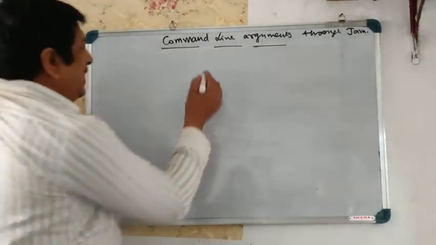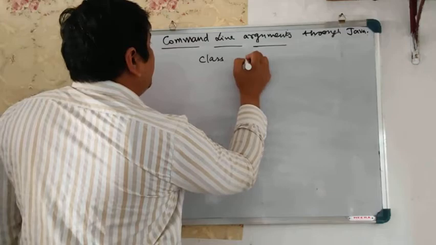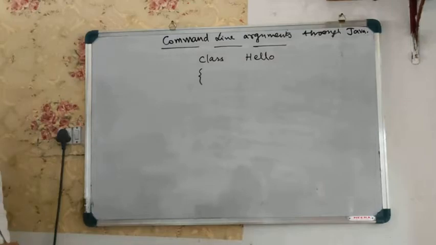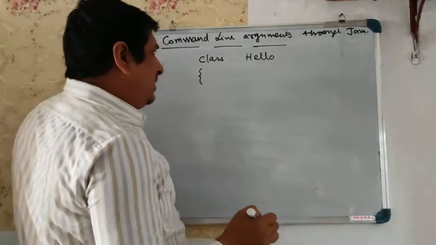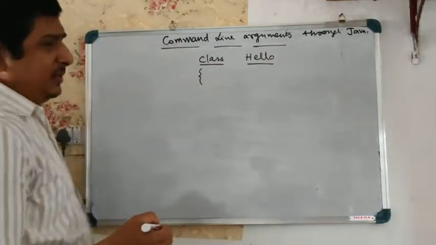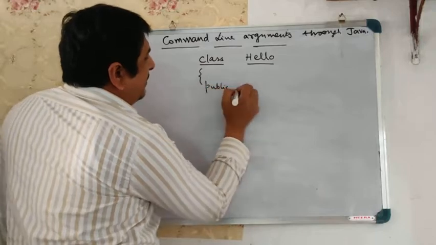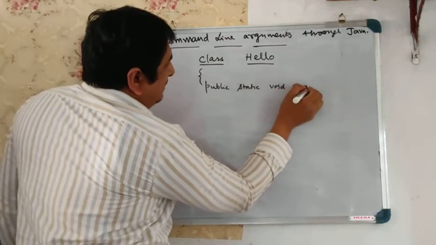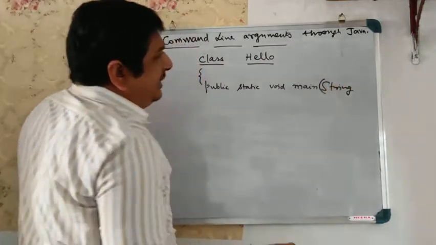In Java, as I said, we write our program in a single class, or rather you cannot write a program without any class. So whatever you have to do, you have to write inside a class. Here, class Hello is the name of my class, and then I write public static void main, and this is the most important area.